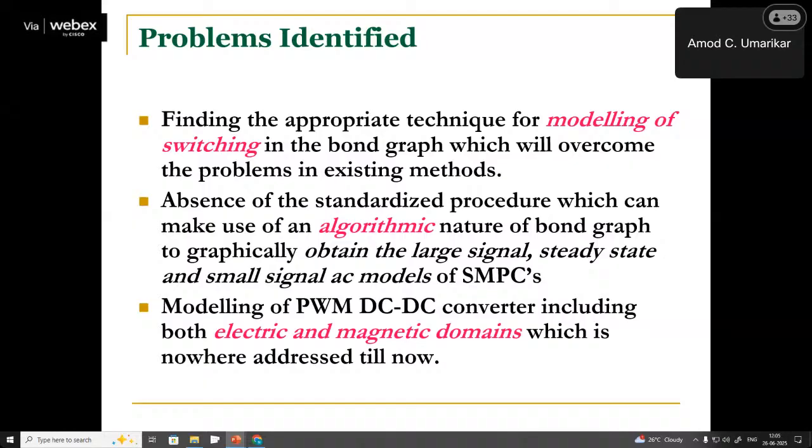Bond graph doesn't have a switching model, and switching is basic in power electronics. There is also an absence of standardized procedures in bond graph for getting the large signal, steady state, small signal, and magnetic-electric domain models.